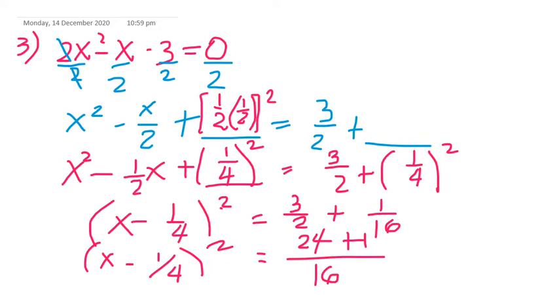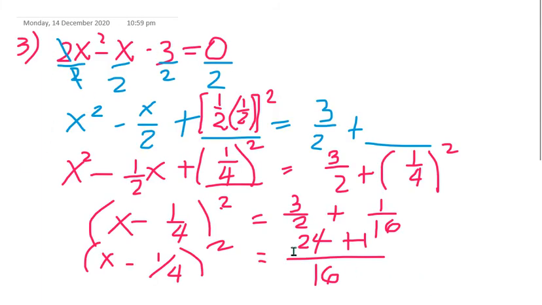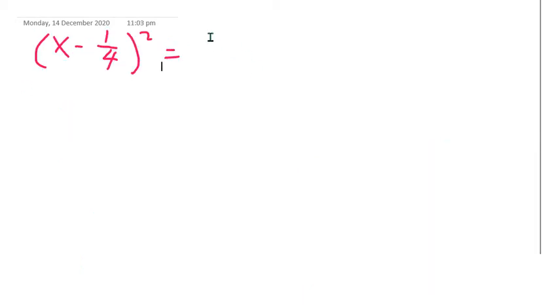Okay, and then we continue. This is now x minus 1/4 squared equals, so we have here 24 plus 1 is equal to 25 over 16.